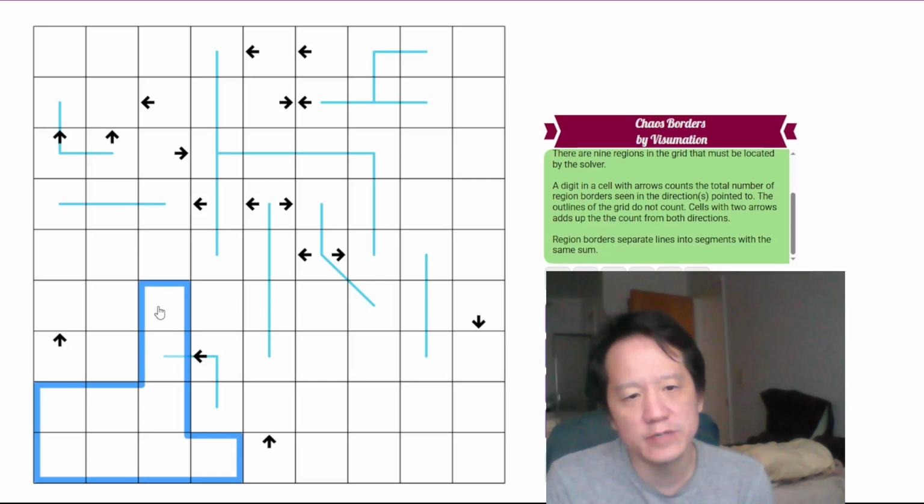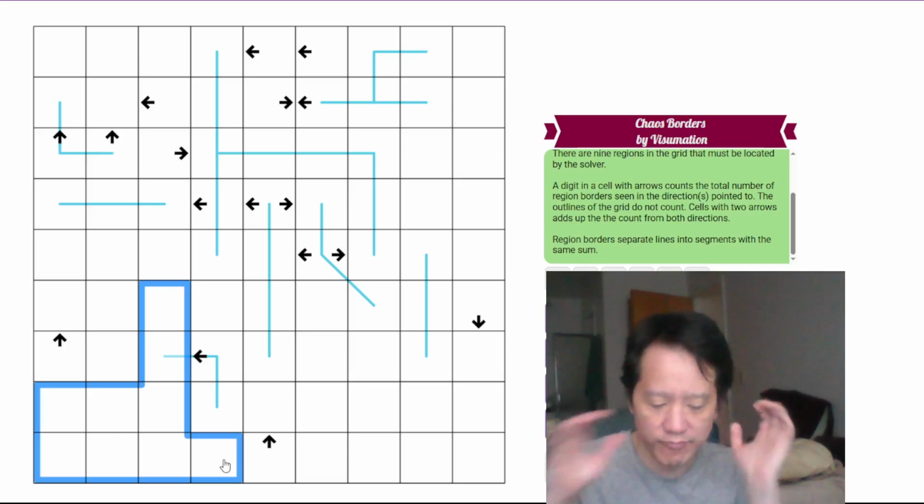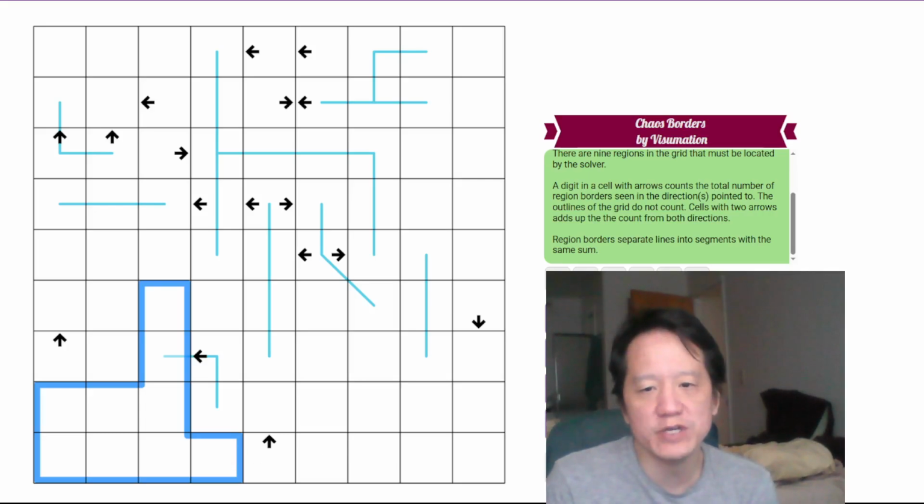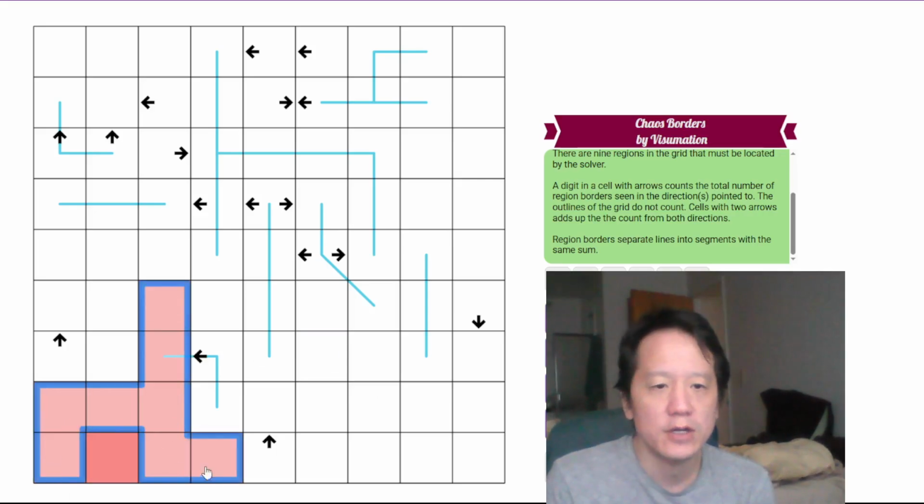It doesn't say, but basically all the regions have to be orthogonally connected as a whole, which means that, for example, this could be a region, because as long as you can go from any cell in the region to any other cell in the region just by staying in the region, going through edges, right? So you can go here, here, here, here, to here. These could also work.